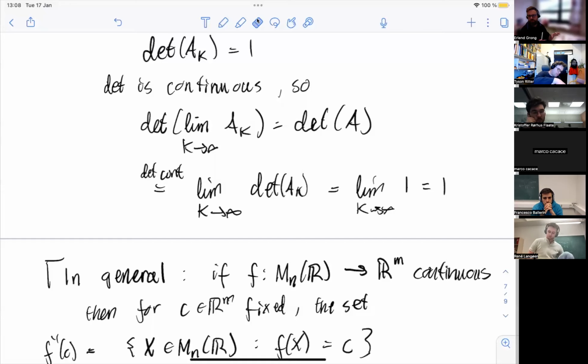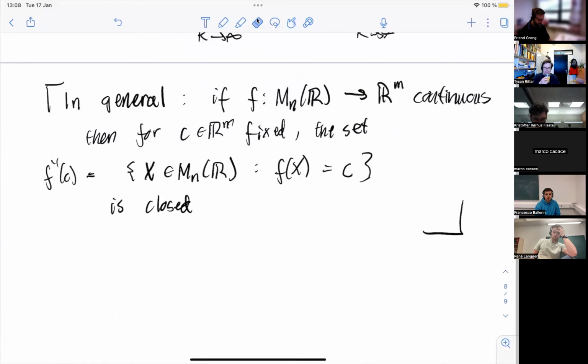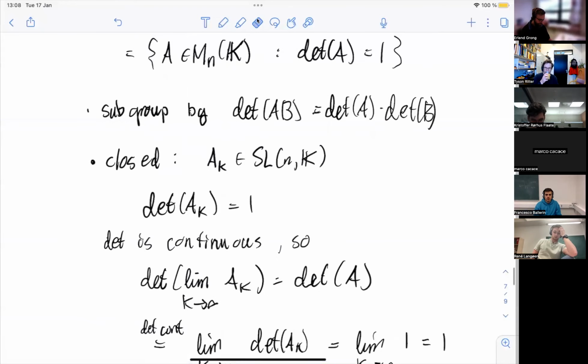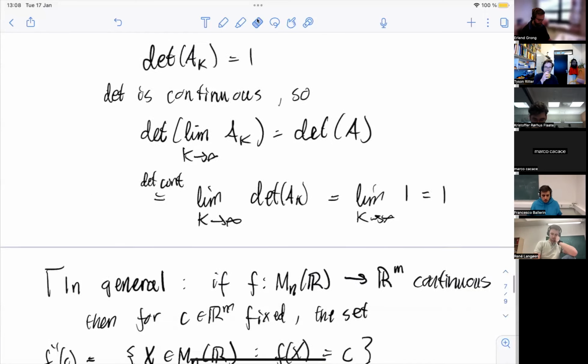It's a very complicated formula to compute the determinant, but in the end it's a polynomial, so it's continuous. So in conclusion, the special linear group is a matrix group because it's a subgroup and it's closed under limits. Limits can't escape it.